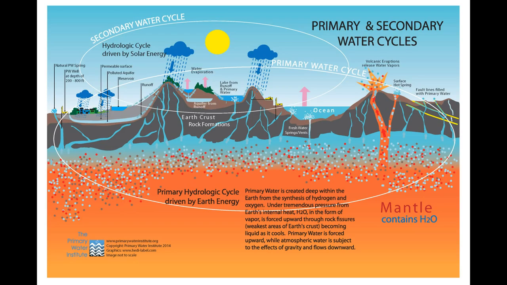But really what we're talking about here is the originating cycle, which is the primary water cycle, which is, again, as we've discussed, the expression of all the surface water.